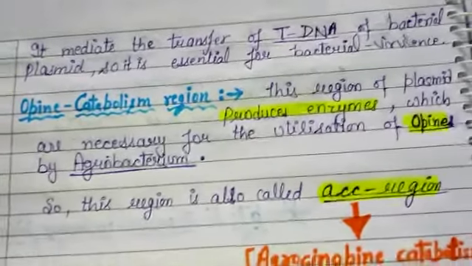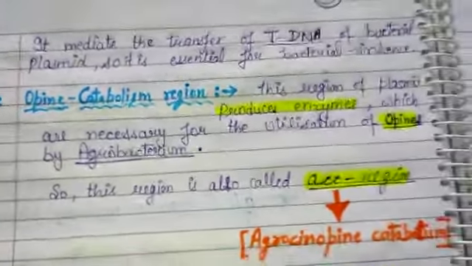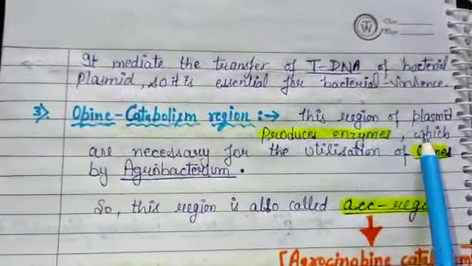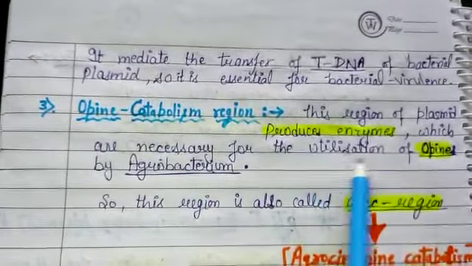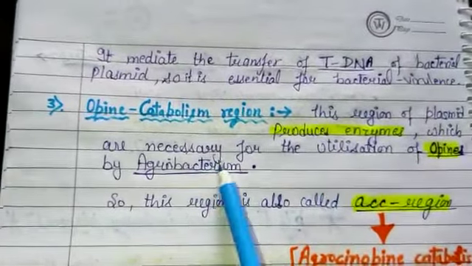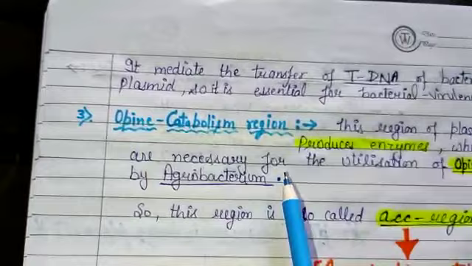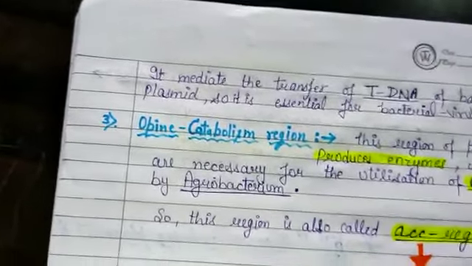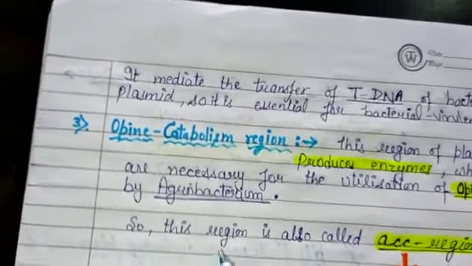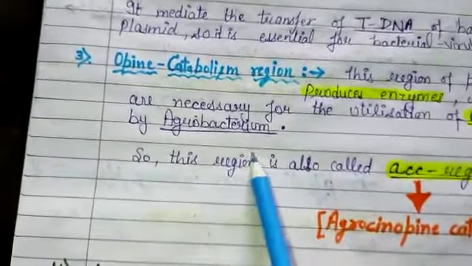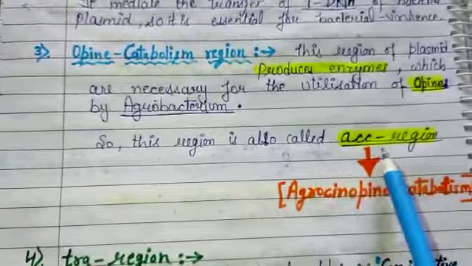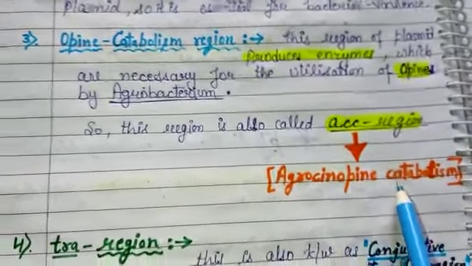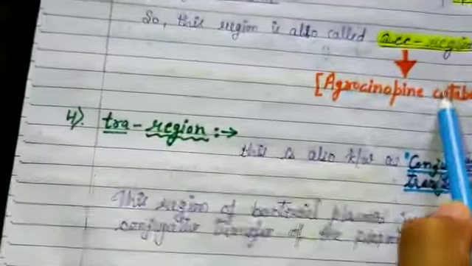Third is the opine catabolism region. This region of the plasmid produces a number of enzymes which are necessary for the utilization of the opine by the Agrobacterium. And this opine, you all know, forms in the T region. So this region is also called the ACC region, that indicates agrocinopine catabolism. Clear?